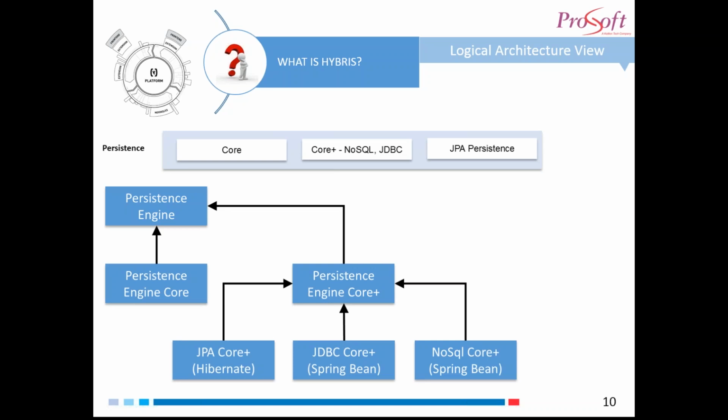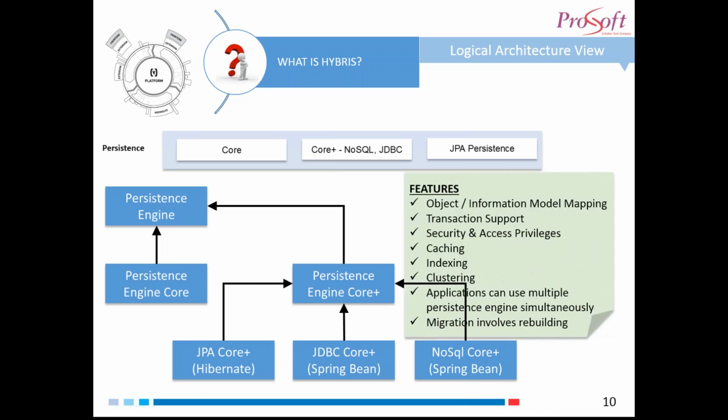You know how it is, and everyone knows what Hibernate is. It's again another ORM engine. And JDBC, these are core, based on the Spring JDBC framework, JDBC template, and all that. And NoSQL is all about how we can have a NoSQL database in that.